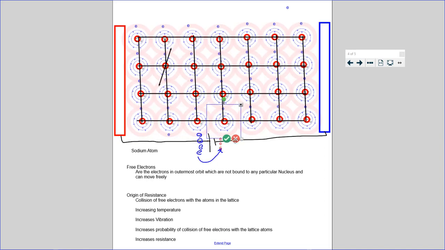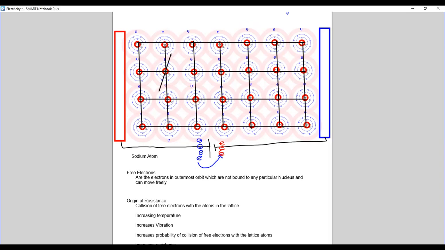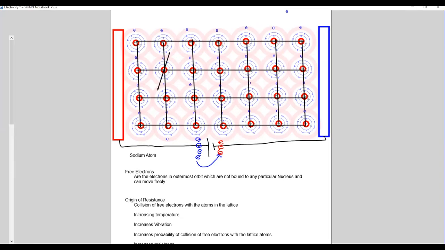So that's what the battery is doing. As long as the battery has the energy to push them, these electrons keep moving in the circuit and current keeps flowing.